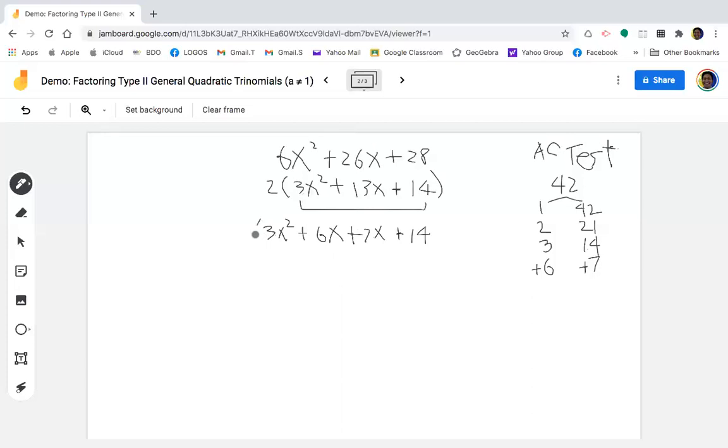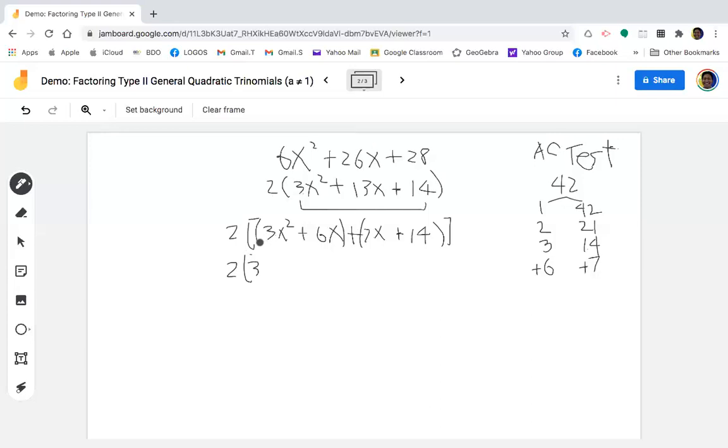The next step is we group the first two terms together and the last two terms together. And then we factor the GCF for each pair. For the first one, our GCF will be 3. By the way, this whole thing will have to be multiplied by 2, the GCF that we had earlier. All right. Just so that we don't forget it, let's write it down here.